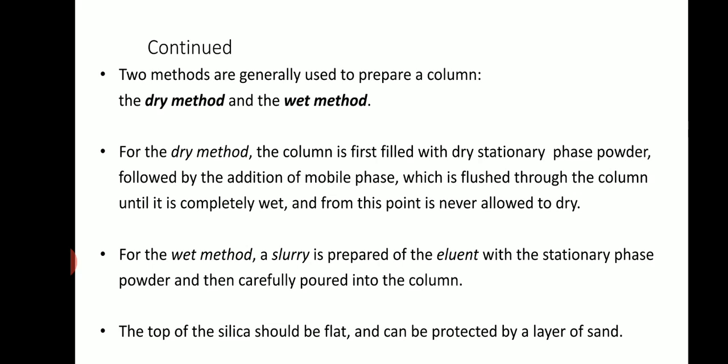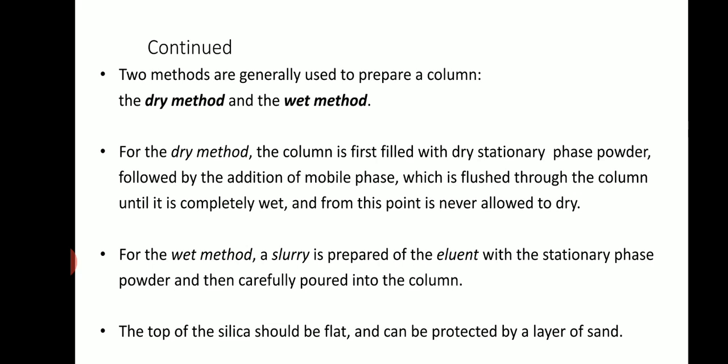Two methods are generally used to prepare a column. One is the dry method, another one is the wet method. For the dry method, the column is first filled with dry stationary phase powder, followed by the addition of mobile phase, which is flushed through the column until it is completely wet, and from this point is never allowed to dry.